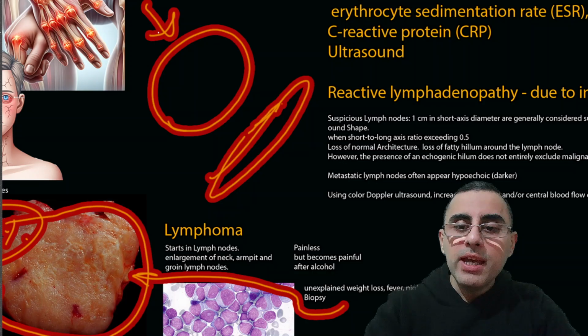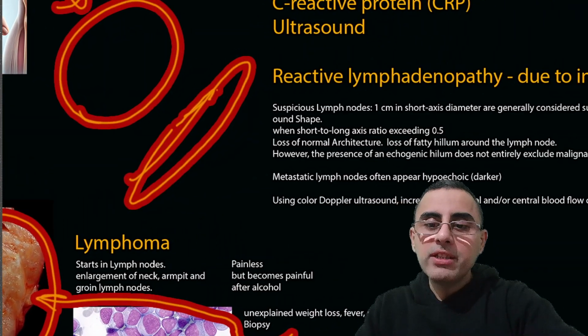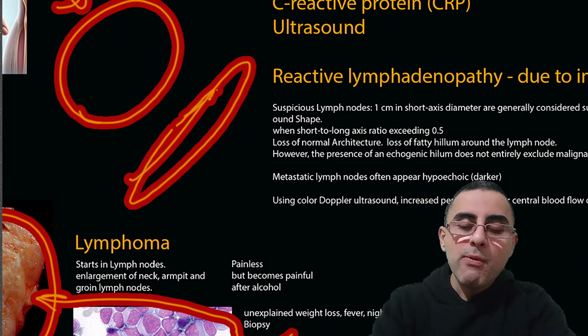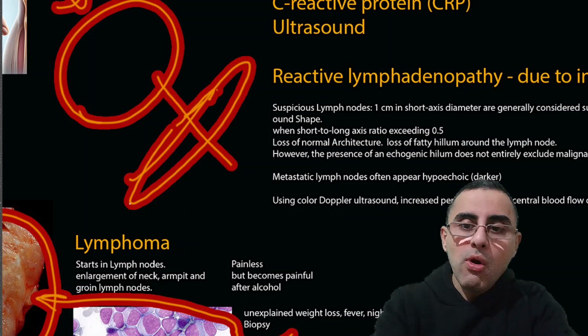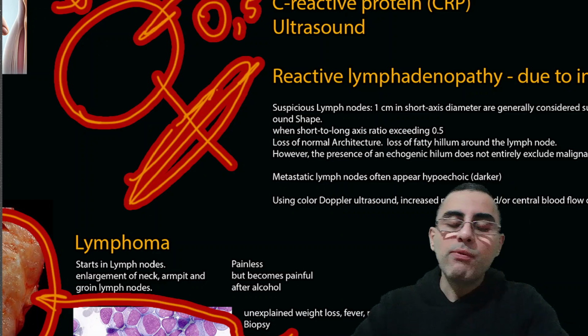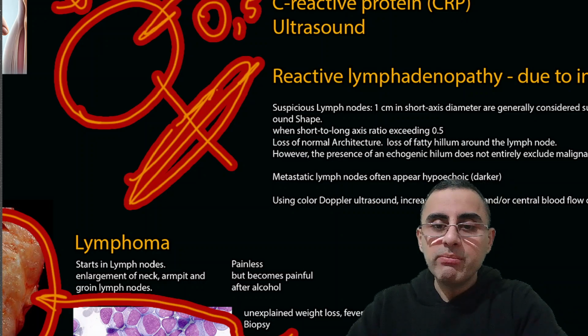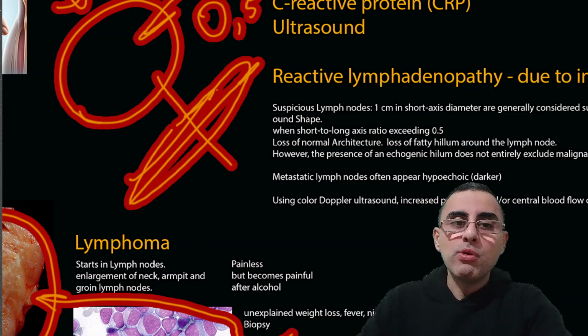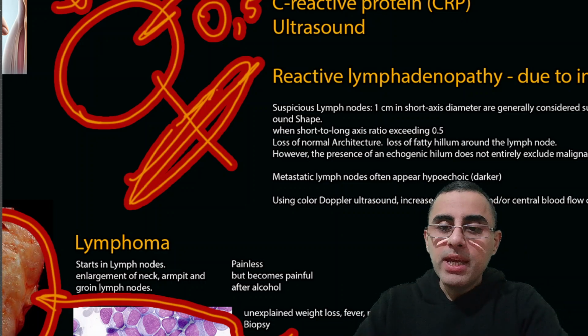And when their architecture is also changed, when the short to long axis ratio is more than 0.5, then it's worth paying attention to such lymph nodes, because they look more round, and it can be cancer or metastasis.